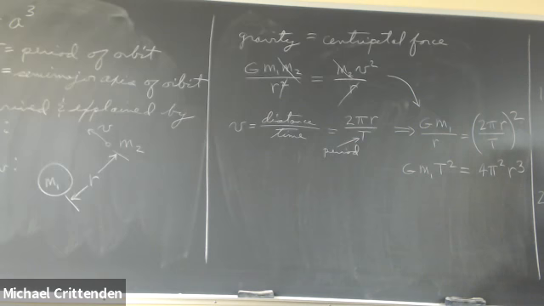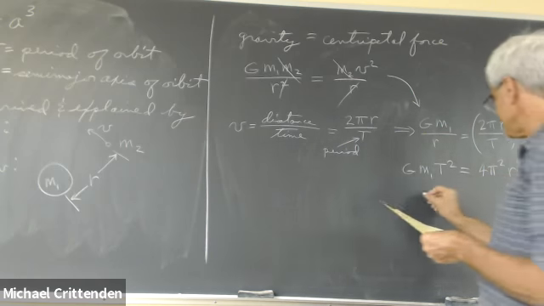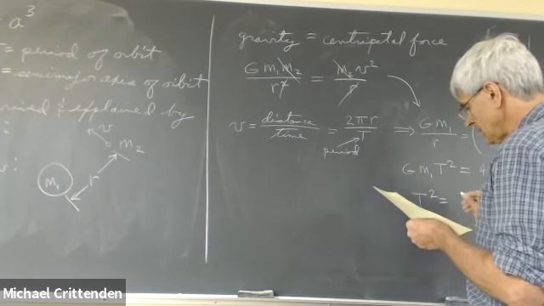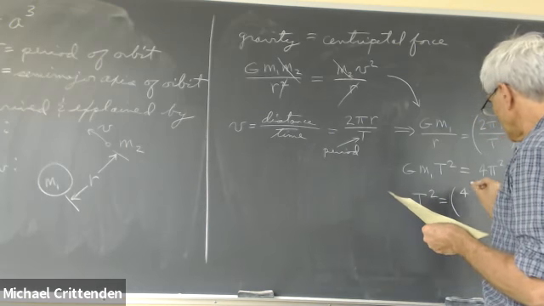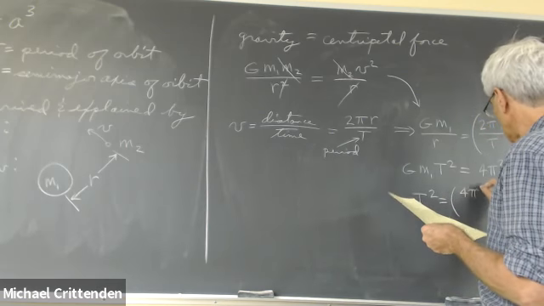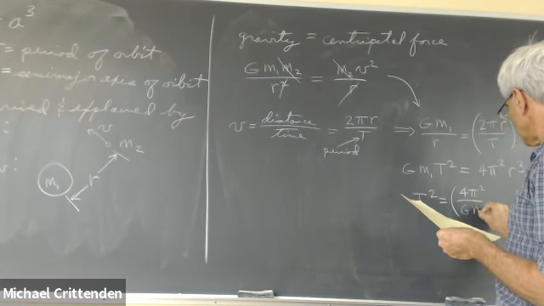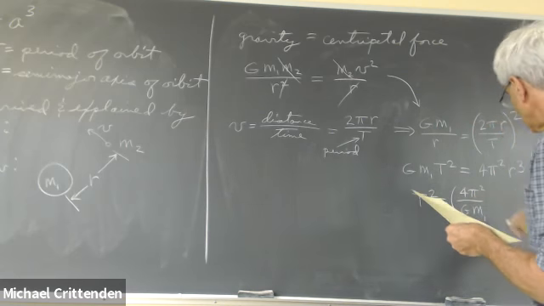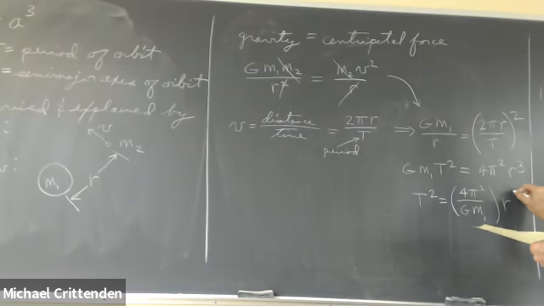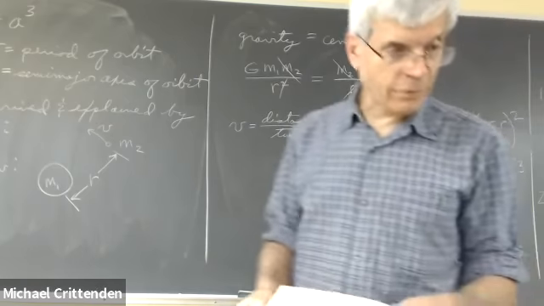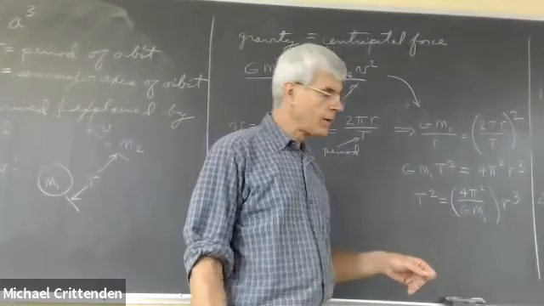And then it's kind of handy to combine all the constants in one place. I'm going to divide through by G and by m1. And there's the third law, Kepler's third law.